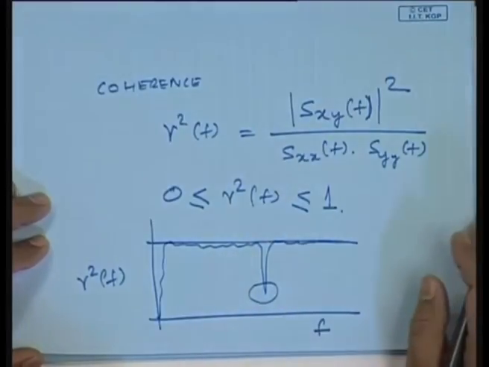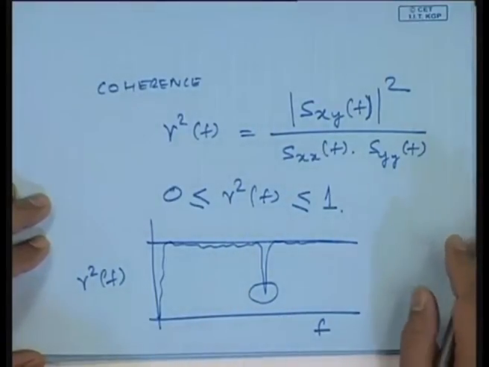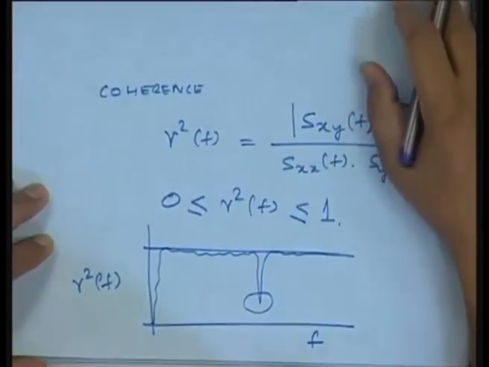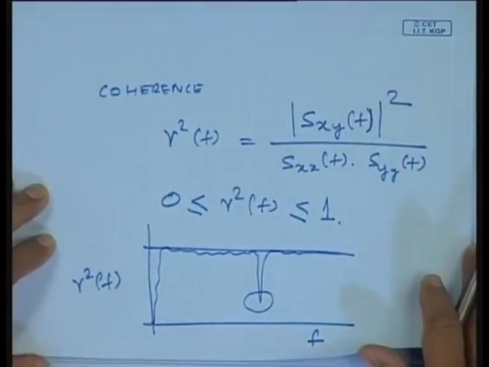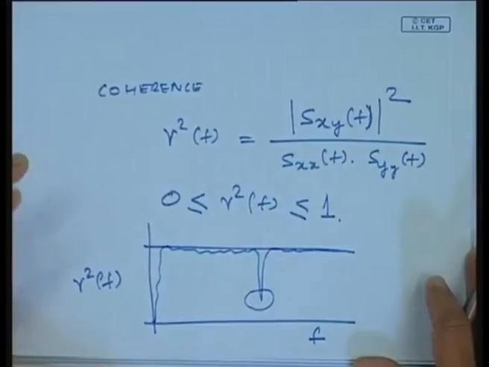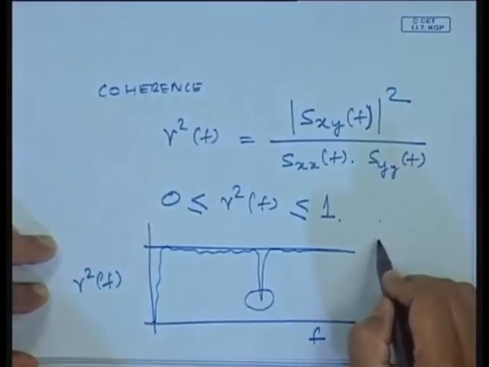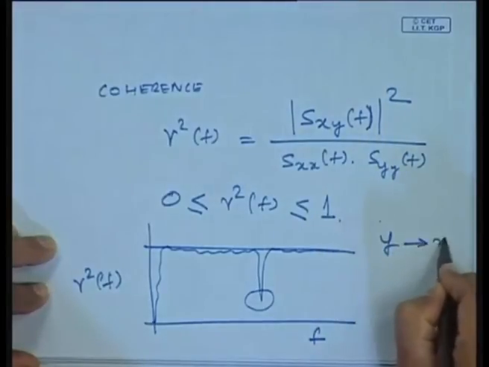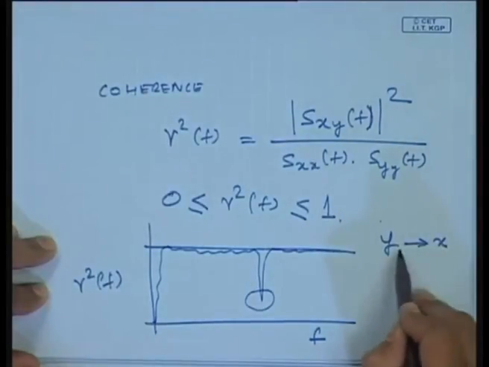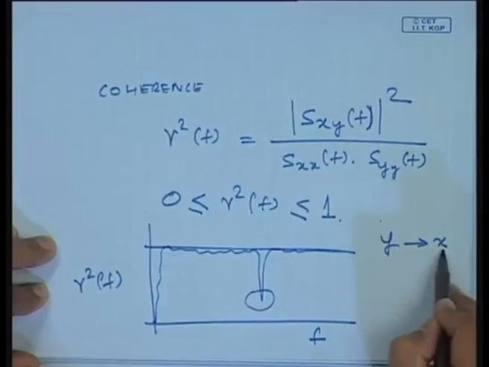So, this has a very important application in machinery diagnostics, and we will see that in the subsequent classes, as to how the estimation of coherence, frequency response function and cross spectrum can be used to understand whether the output y has been caused by x, whether a defect which is noticed in y is because of x.